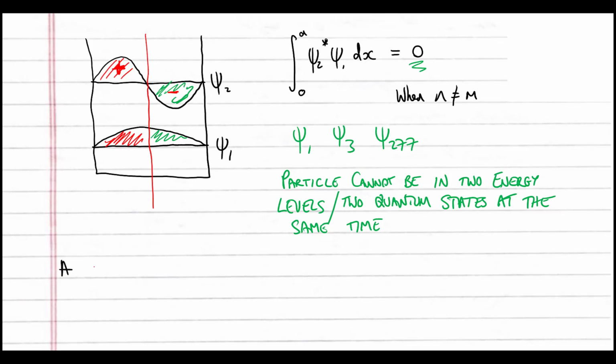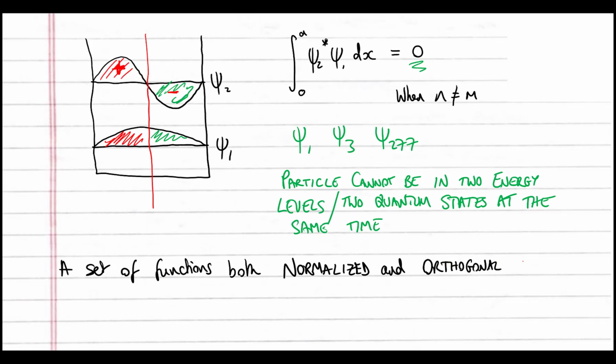But the key point I'm going to finally write at the bottom of this slide: a set of functions, both normalized and orthogonal, is called an orthonormal set. And we can use something called the Kronecker delta to represent that mathematically.